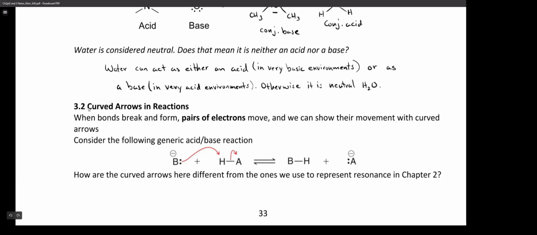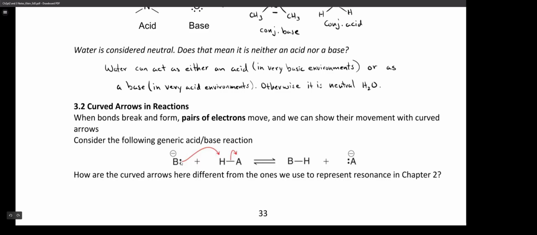So all this talk about curved arrows for resonance structures still applies when we talk about reactions, except now we can actually form bonds. This is the first type of reaction mechanism we're going to really learn: acids plus bases.